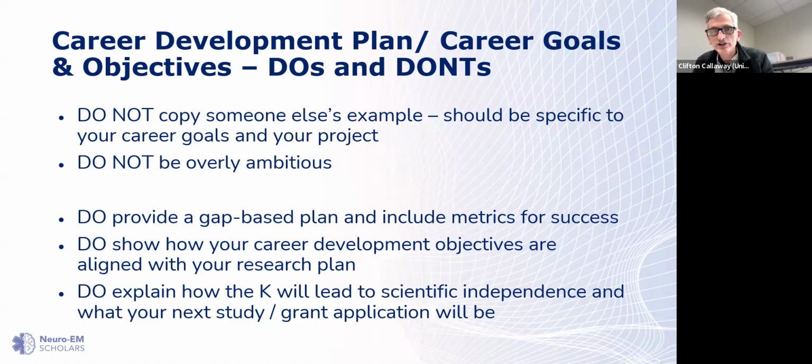It is very good to make it gap-based, where you say, I am aware that I know this much statistics, but I need to learn this other advanced field. And so I'm going to take a course in that advanced field. Tables are very good strategies to show that kind of gap mapping to the activities in your plan.